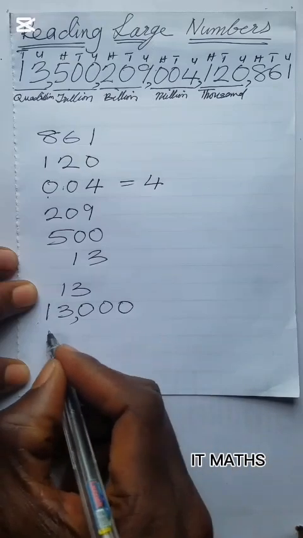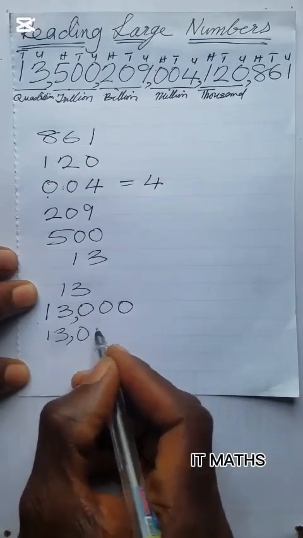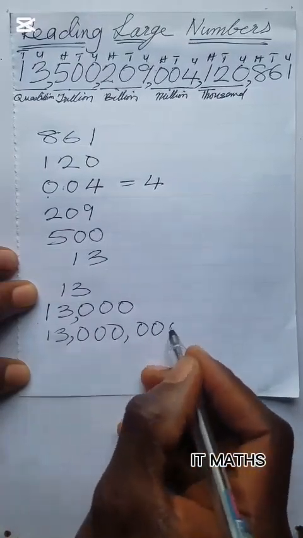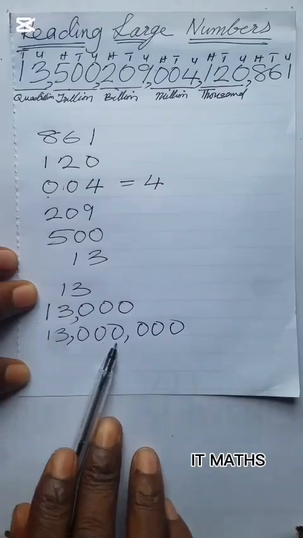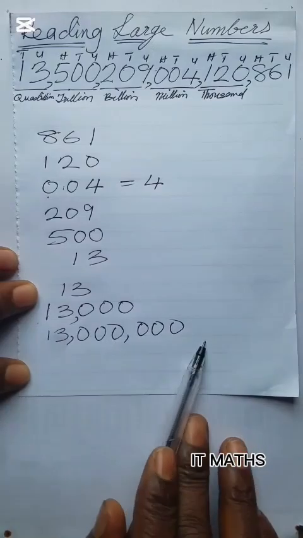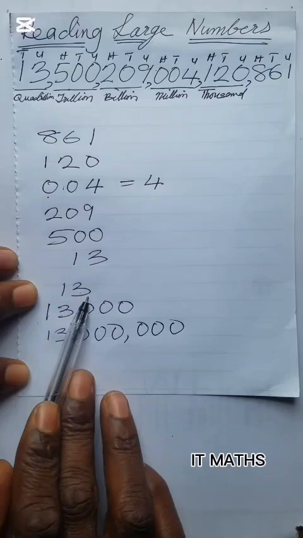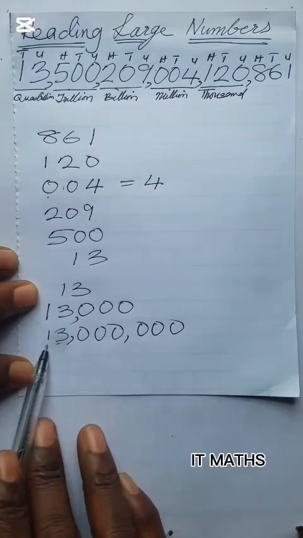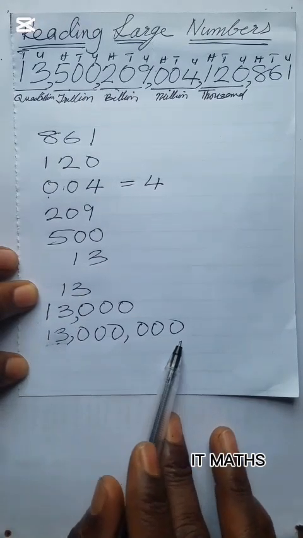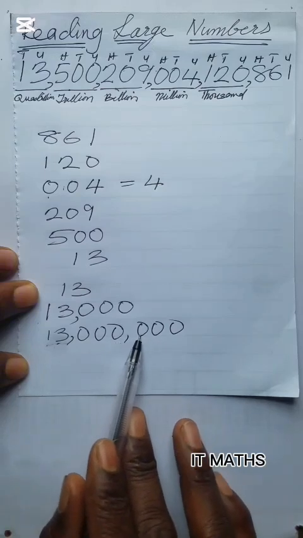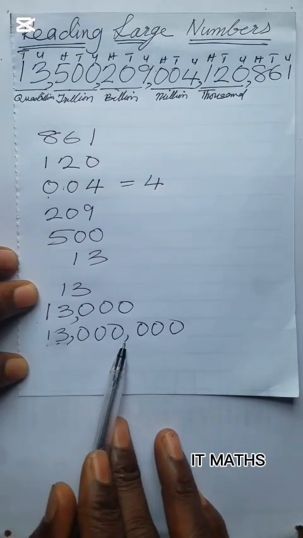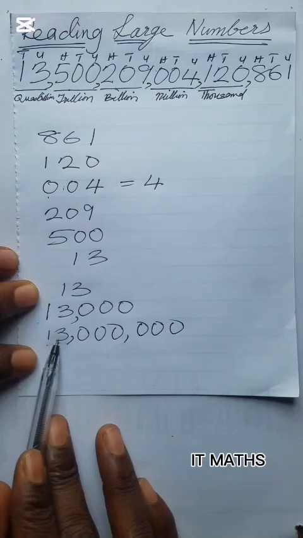Different from another 13 that has 6 zeros. Because it has this number of place values behind it, its place value has shifted from being just 13 to a 13 in the place value called, this is thousand, this is hundreds, tens, units, this is thousand, and this is in the family of million.